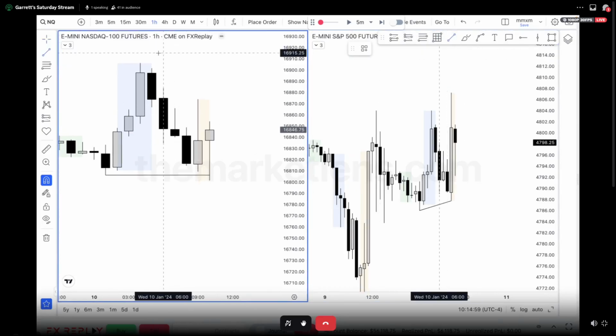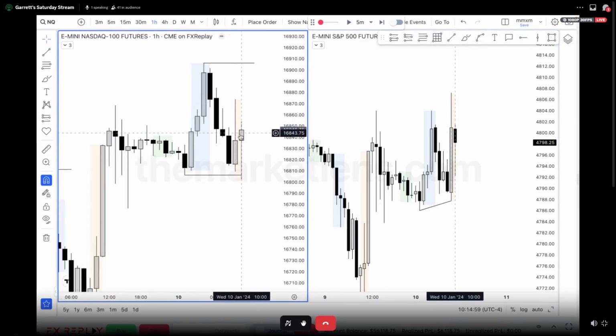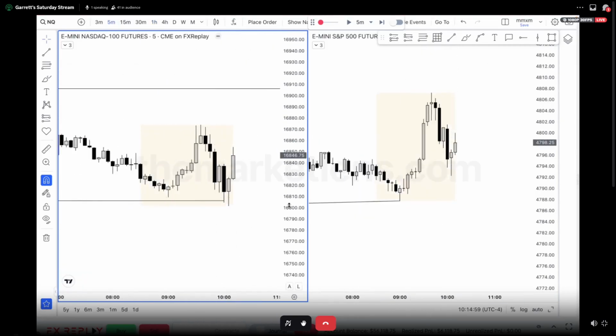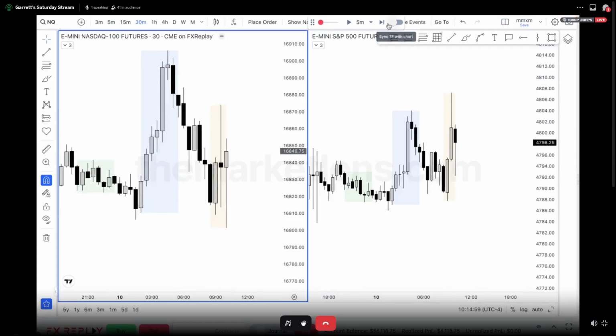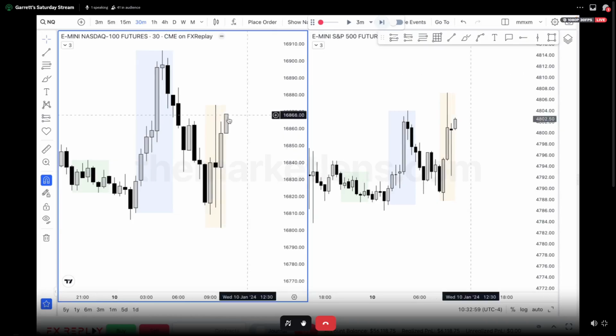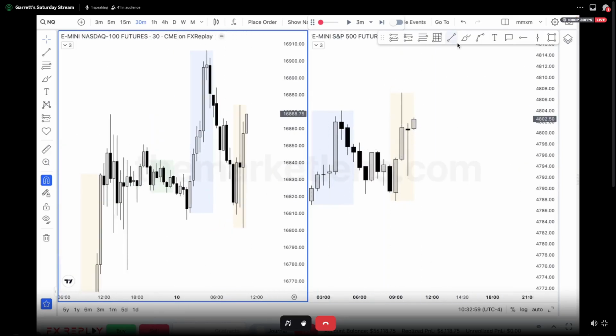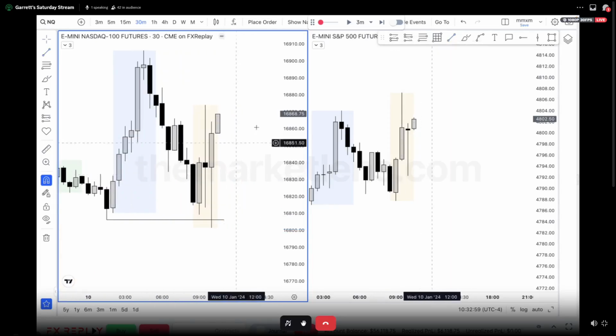So I just think this is a really low probability day. You can maybe target this high. Let's wait for a close here. Like I said, if I can get 2R at least, I might be okay with taking it. Look at the difference here. This is something a little bit more advanced. So we're gonna try this 10 a.m.